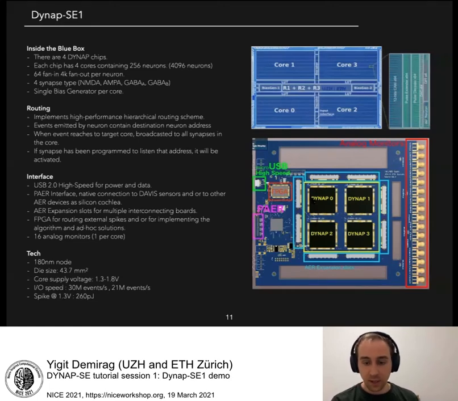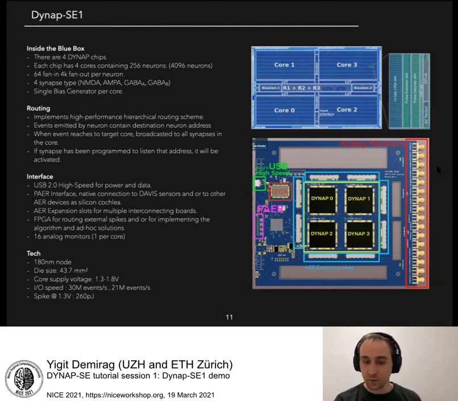It also has the AER interface, which helps us connect this neuromorphic processor to event-based sensors like a DVS or a silicon cochlea. So it can directly do the computation when you feed it with spikes.